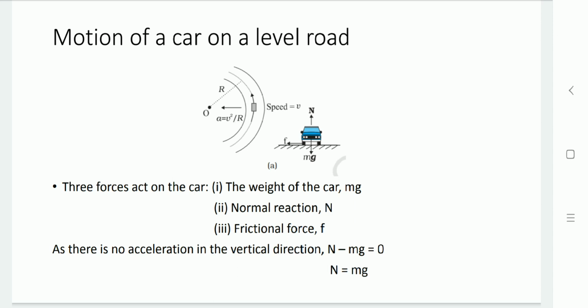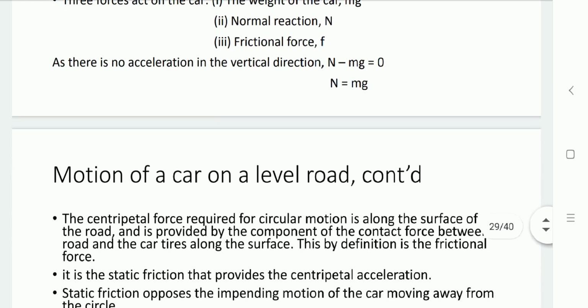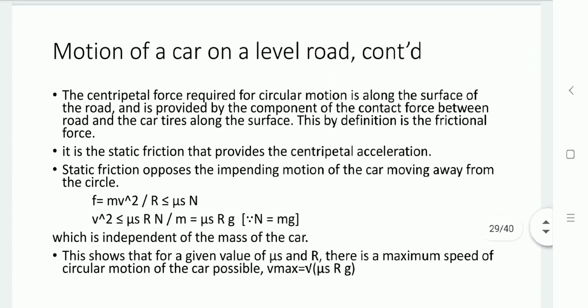static force Fs equal to mu s N, and the centripetal force generated is F equal to mv square by r. Let us equate both the values. We have v square less than or equal to mu s r N by m, and v square equal to mu s r g.